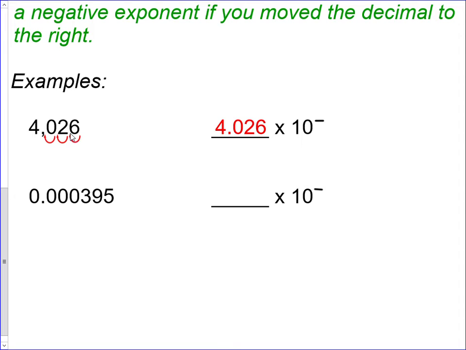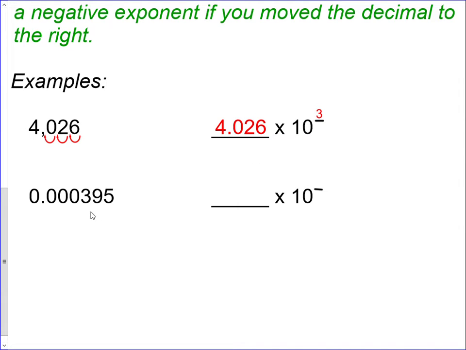We moved it 1, 2, 3 places. We moved it to the left, so this will be an exponent of a positive 3. So 4,026 written in scientific notation would be 4.026 times 10 to the third power.